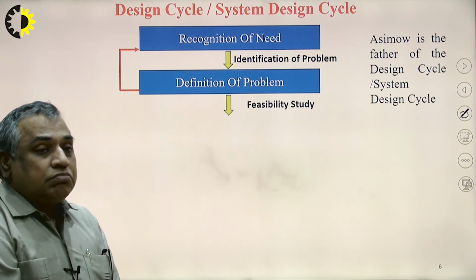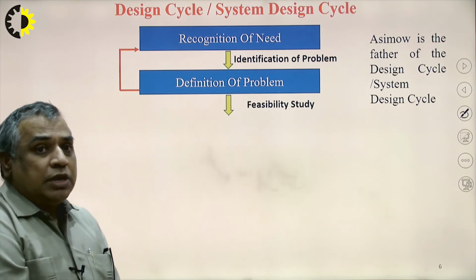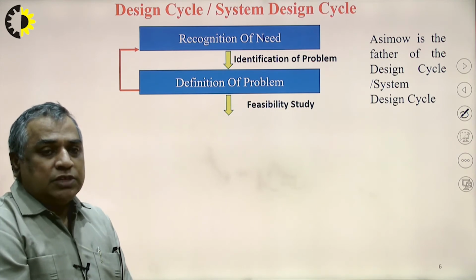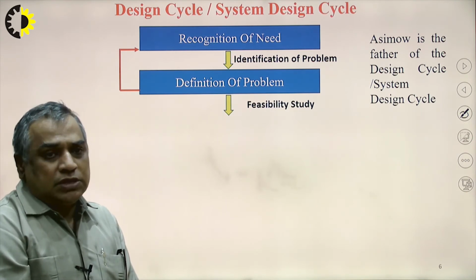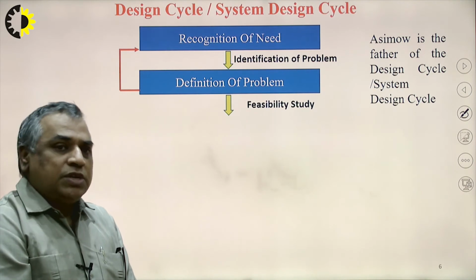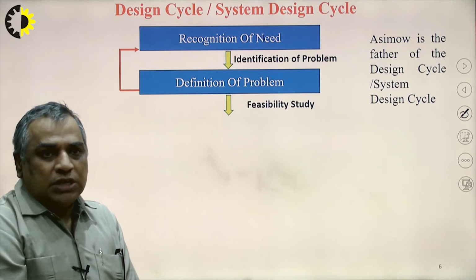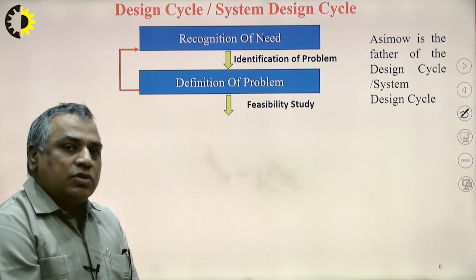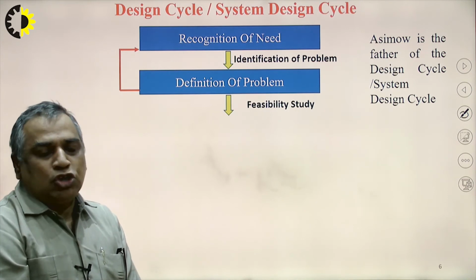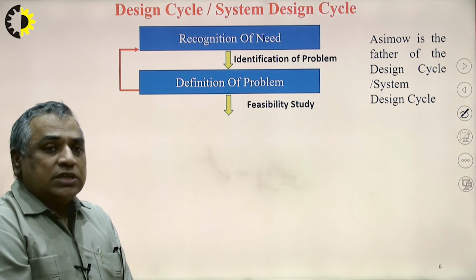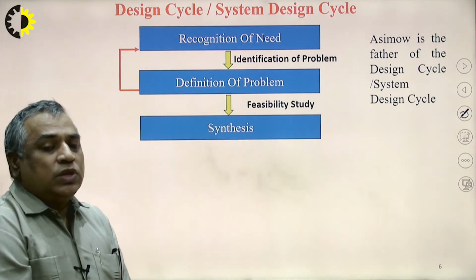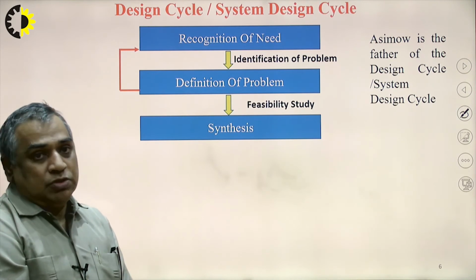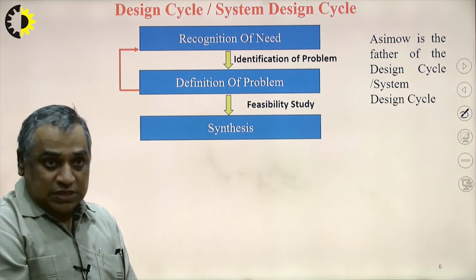Once the input and output parameters are decided, you have to perform a feasibility study, which involves various stages: first based on common sense, then technical feasibility, then economic and legal. If it is successful against feasibility, then you start thinking about the various mechanisms, as we are discussing machine design.